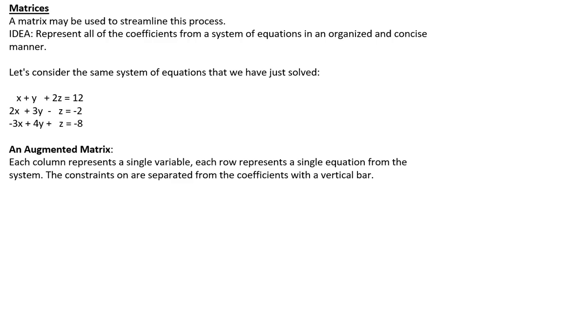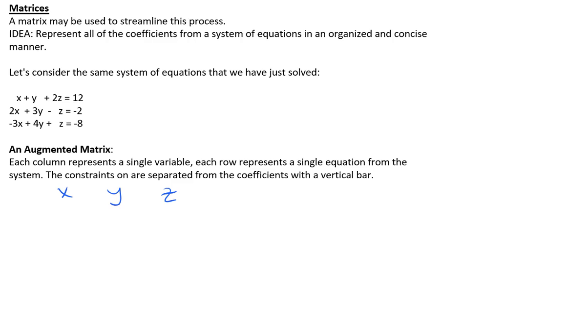So the first row would be equation 1, the second row would be equation 2, and so on. So let's define the first column to be representing the coefficients for the x variables, the second column the y's, and the third column the z's. Now, you don't have to label your columns, and typically we do alphabetical or numerical order. That's sort of a good standard to use.